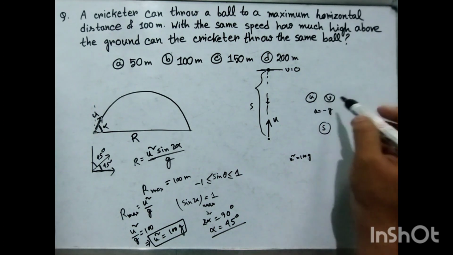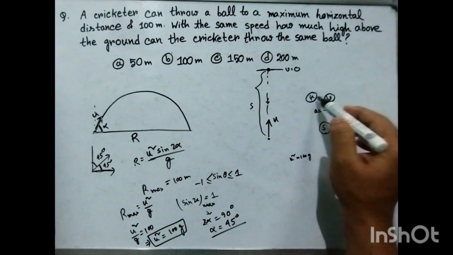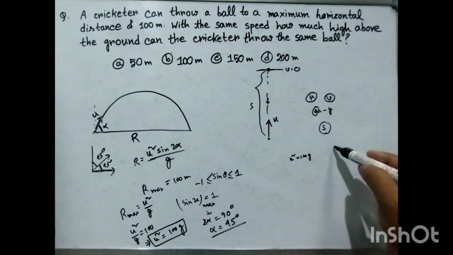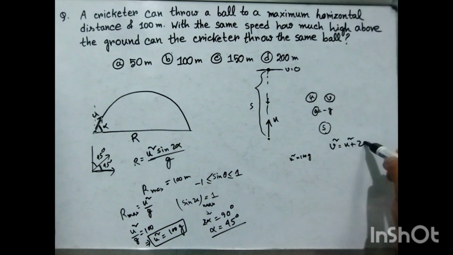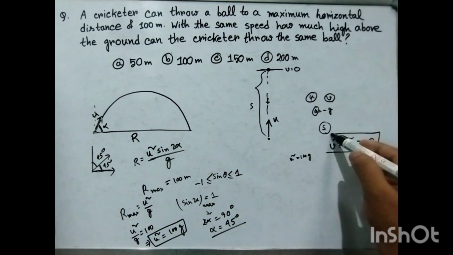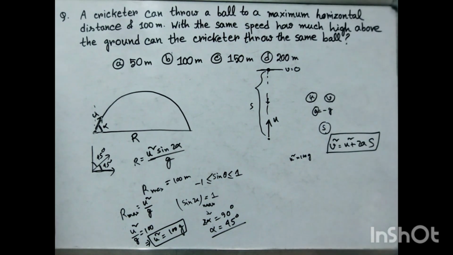So when you have to find s and you know u, v and a, the best formula you can apply is v square equal to u square plus 2as. We know this formula in one dimensional motion, we studied it.